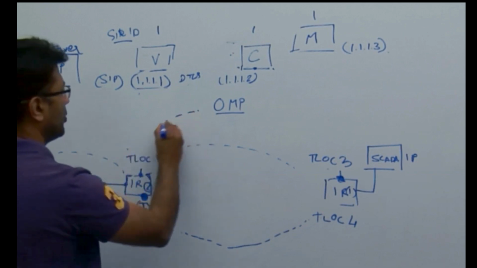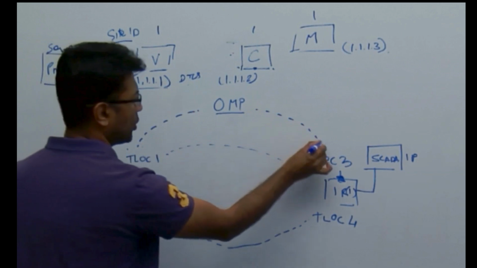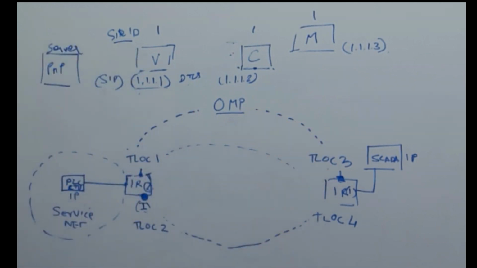So OMP is the control plane protocol for the fabric, and this behaves very much like BGP or a route reflector, but it has additional capabilities such as policy and control information that is sent down through the protocol.